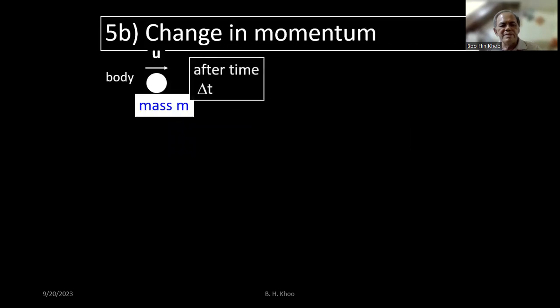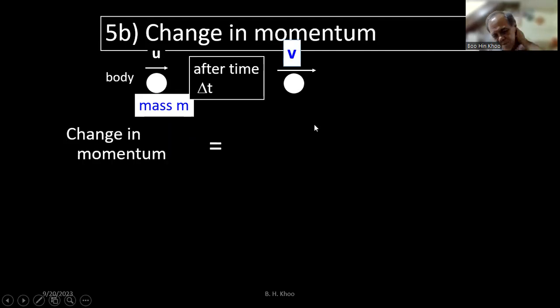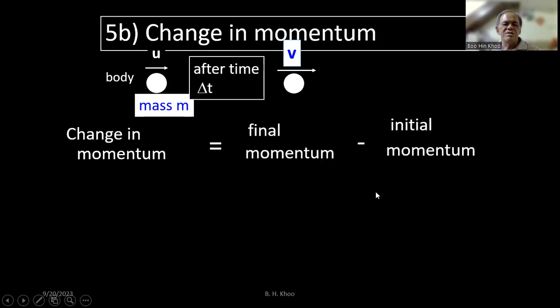What does change of momentum mean? Well, that's the initial body with mass m moving with velocity u. After some time, it moves with velocity v. The change in momentum is your final momentum minus your initial momentum. Take to the right as positive.